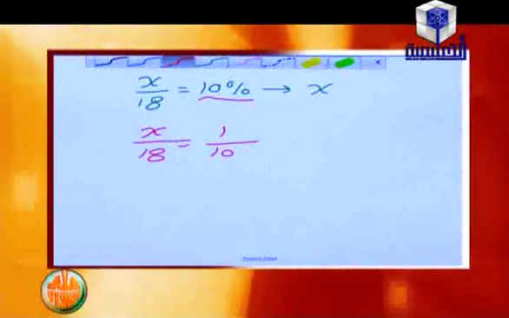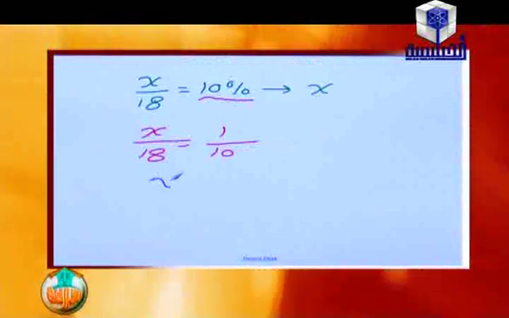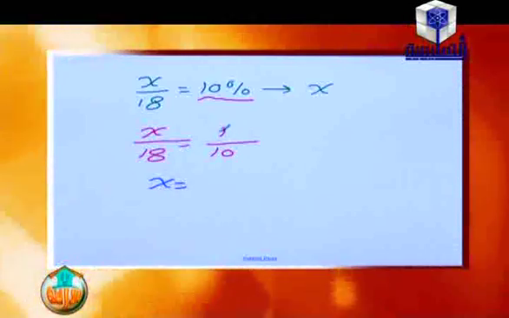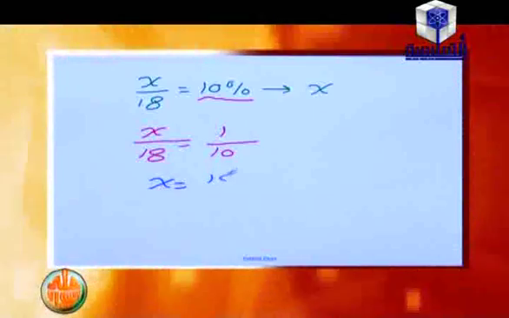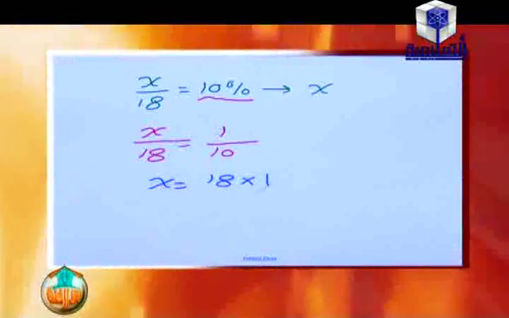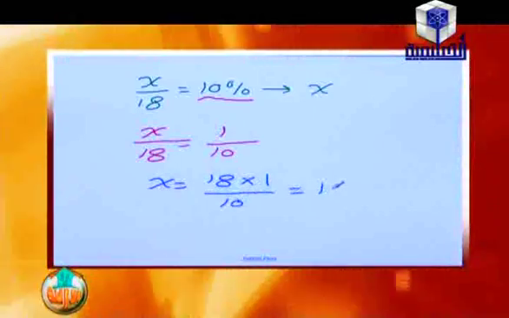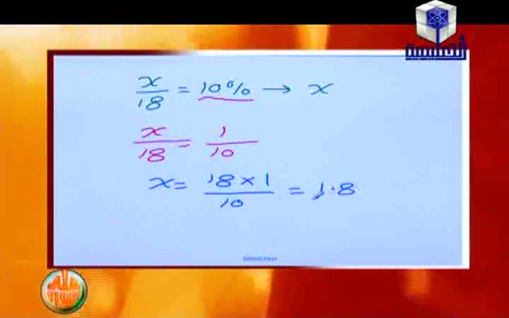Then to find the value of x here, we can use the cross multiplication property. 18 times 1 divided by 10 equals 1.8.